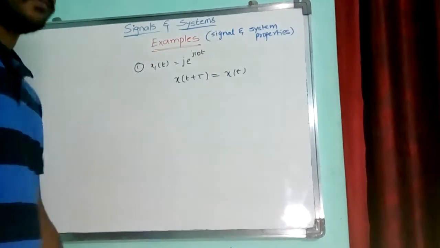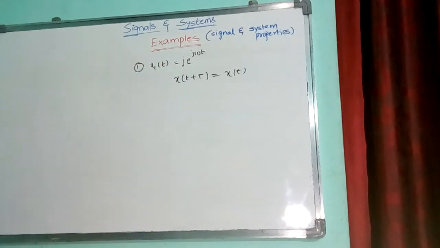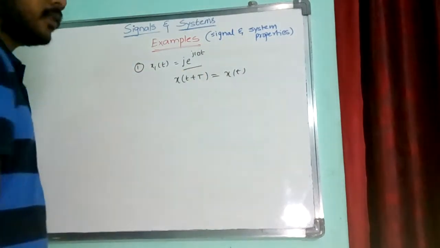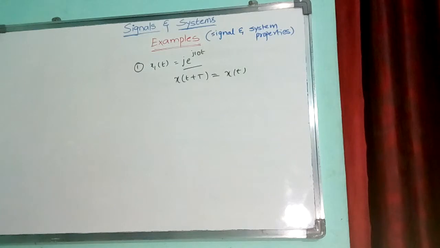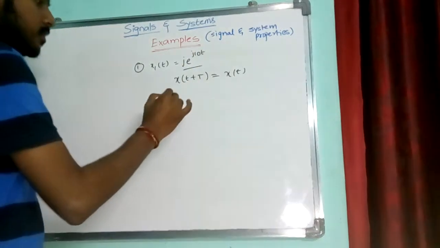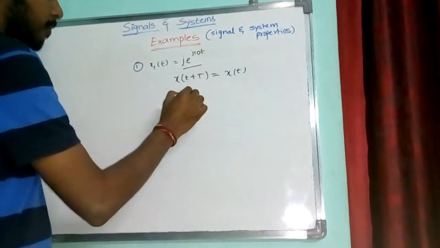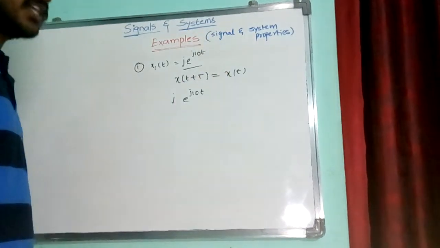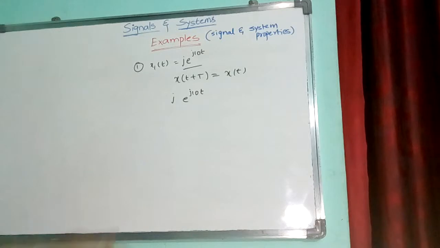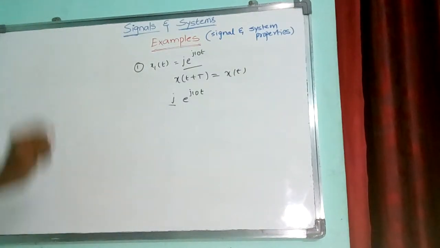x of t. The given signal here is j into e power j 10t. Looking at this, j is the amplitude of the signal, whereas e power j 10t is the complex exponential signal with an amplitude of j. I don't bother with the amplitude; I need to find out whether it is periodic or aperiodic.